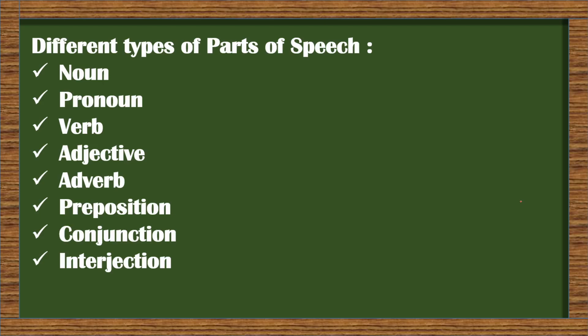The first one is noun, second, pronoun, third, verb, fourth, adjective, fifth, adverb, sixth, preposition, seventh, conjunction, and last but not the least, interjection. So these are the 8 parts of speech in English grammar.